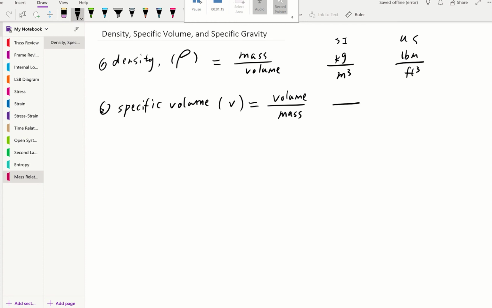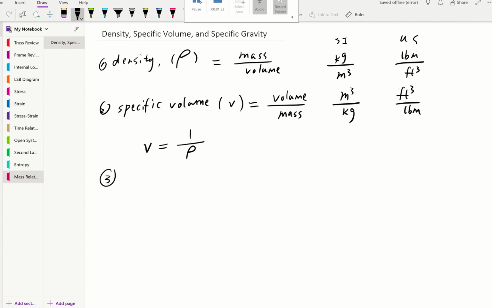Therefore, the unit for the SI system will be meter cubed per kilogram, and for the US, feet cubed per pound mass. Because of this definition, you realize how density and specific volume are related. They are just reciprocals. So specific volume, small v, is equal to 1 over rho, the reciprocal of density. In other words, if you know one, you can find the other.